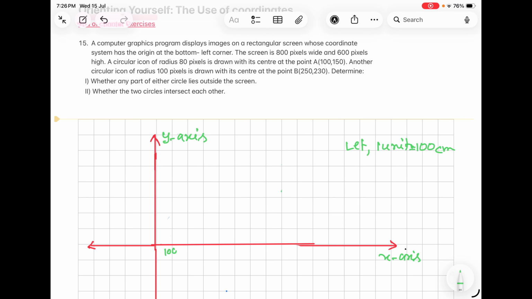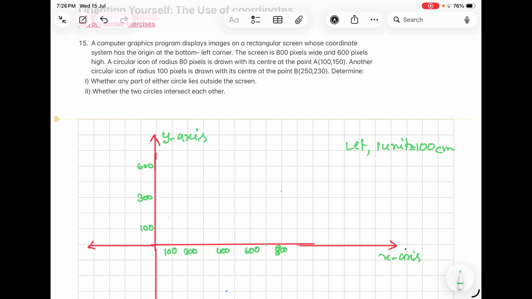So this is 100, this is 200, like that 400, and this is 600. And here also 100, 200, 300, 600, like that. Here I am taking a little more. This is 700, 800.